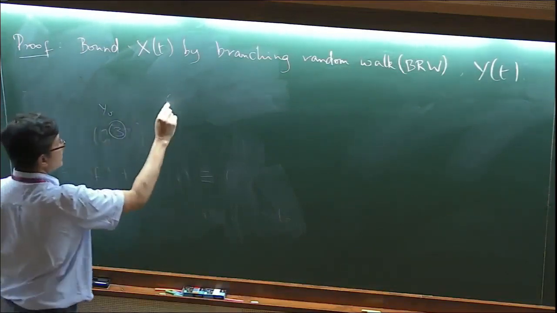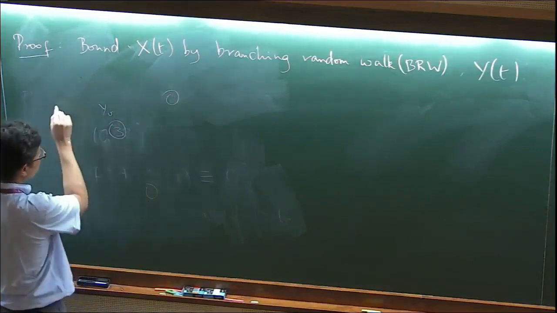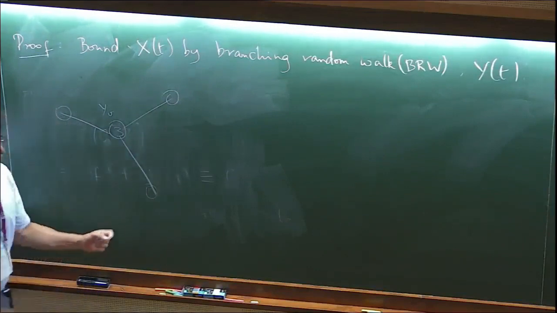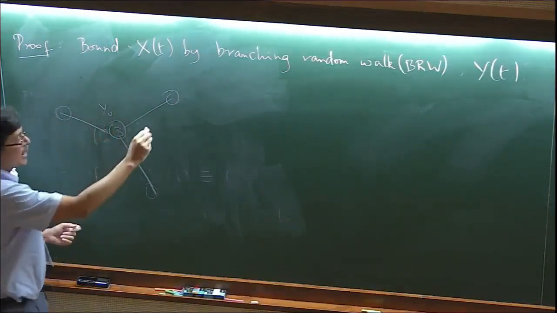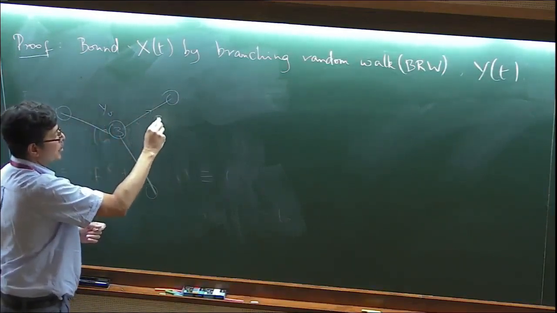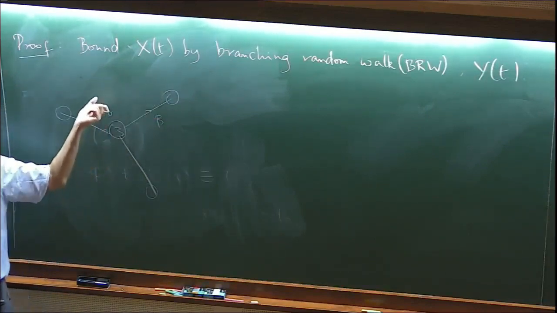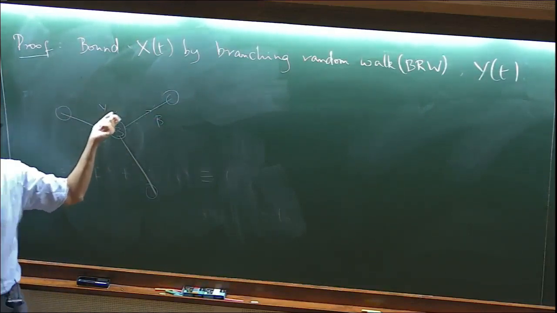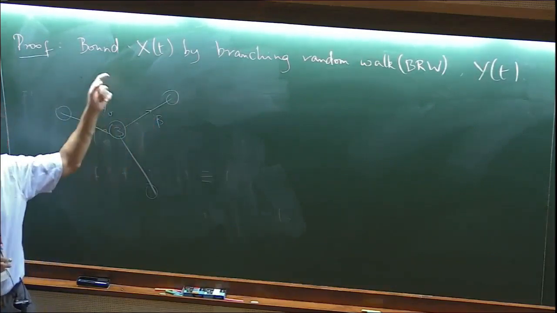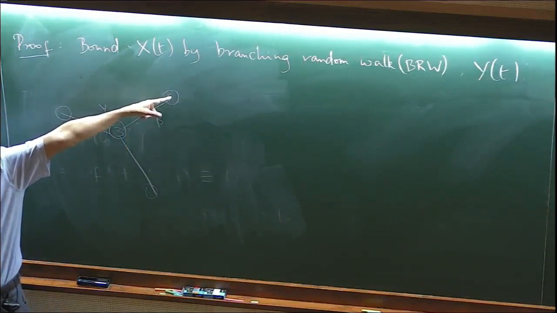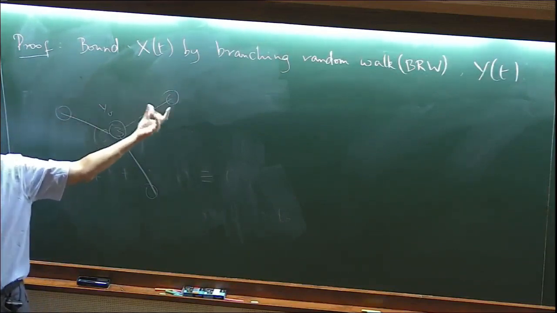Okay, and then there are some neighboring nodes. Earlier there was a rate beta of this node infecting that node. Now, each of the infections here independently spreads at rate beta. So each of the infections here has children at neighboring nodes at rate beta. So that's the branching element.